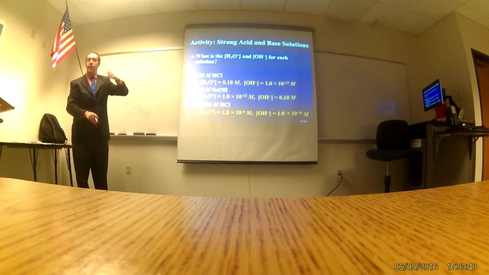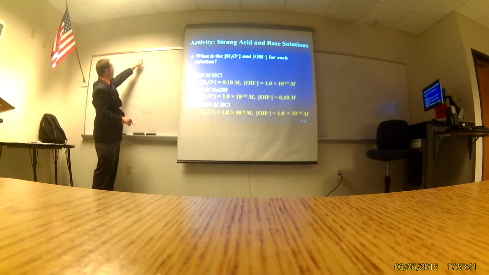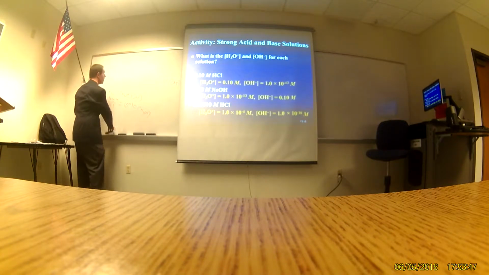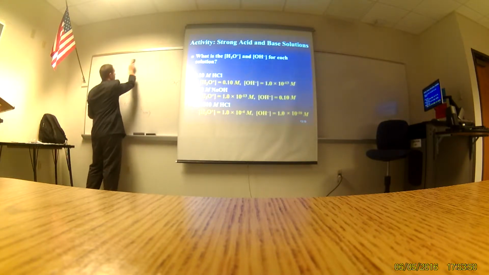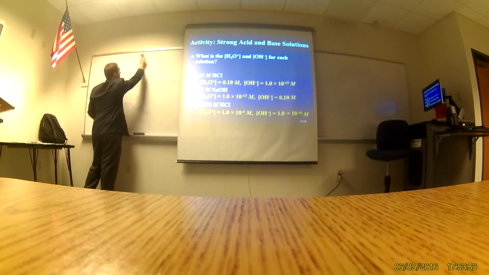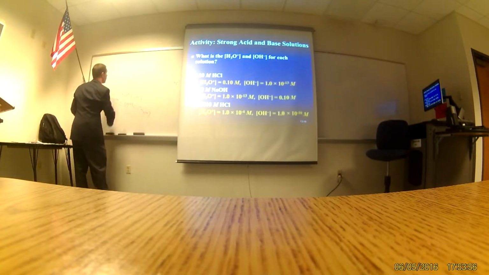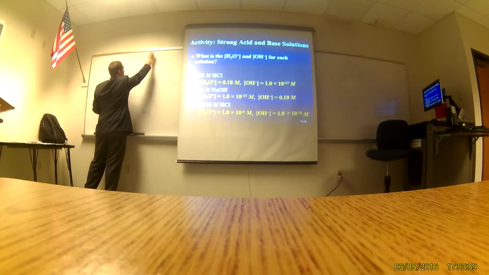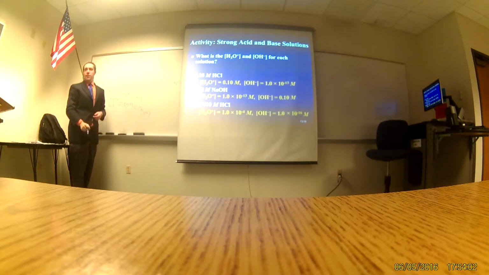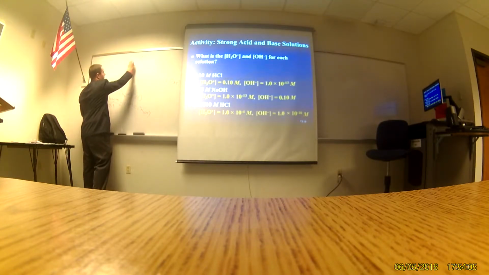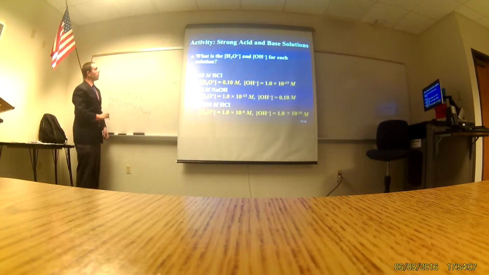If it was H3PO4, you take 0.1 and you multiply it by 3. If we had 0.1 molar calcium hydroxide, and I asked you the concentration of OH minus, what would you tell me?